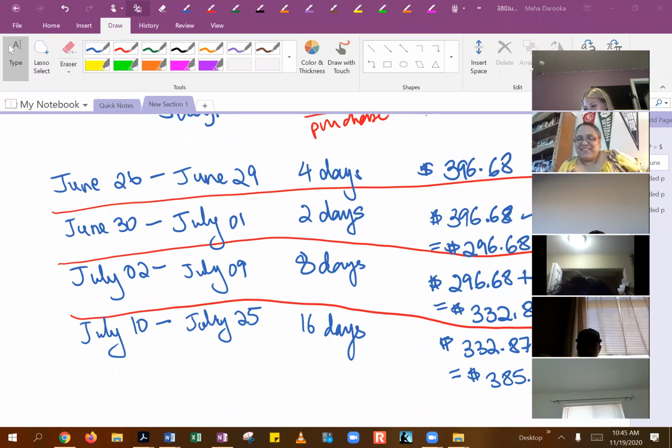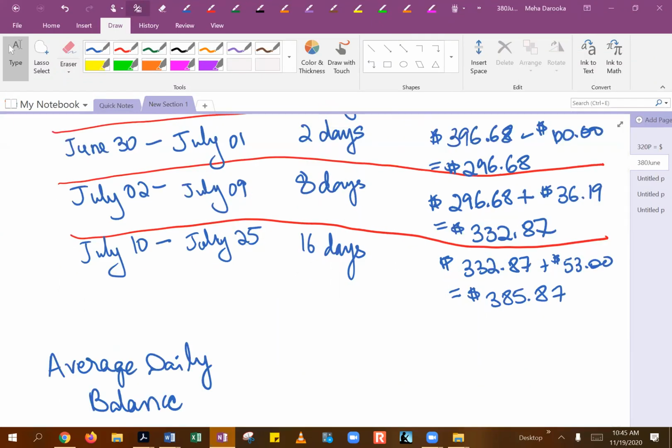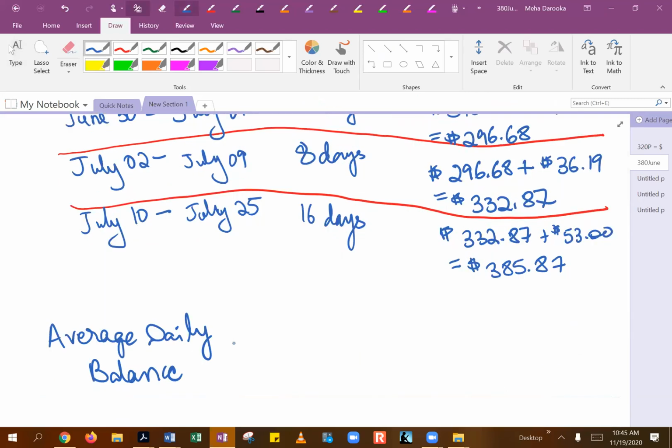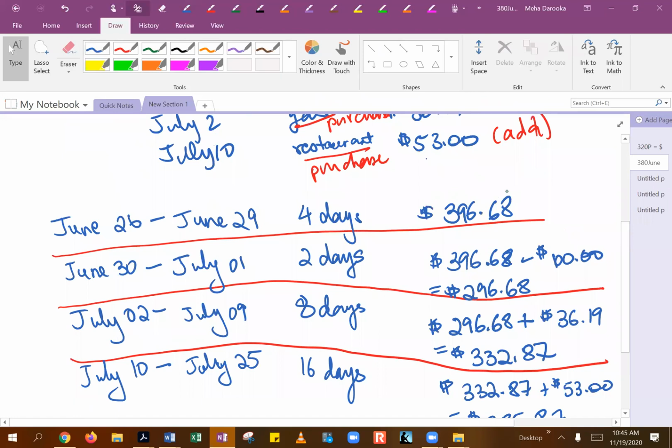All right, very good. Did anybody else have a question on the table before we get into our calculation for the average daily balance? Okay. So remember, this is your weighted average over here. So the way we're going to calculate this, you are going to take the dollar amount, and I'm going to highlight these in green.